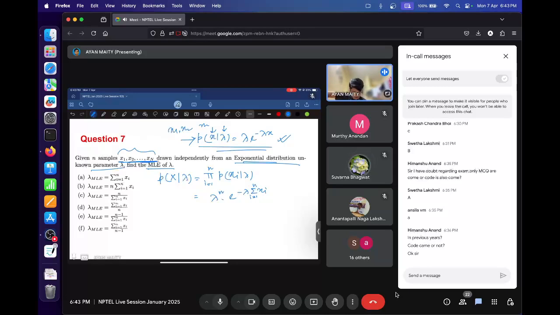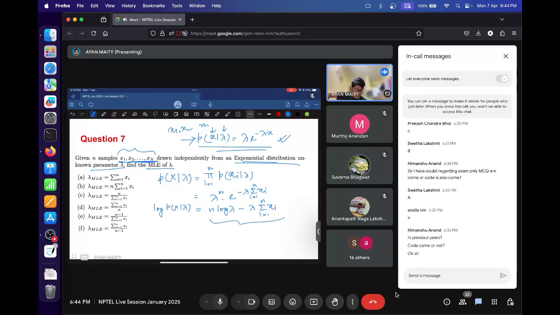So now we will take the log likelihood of that. The natural log we will take. So it will be n log lambda minus lambda summation over xi, i equals 1 to n.